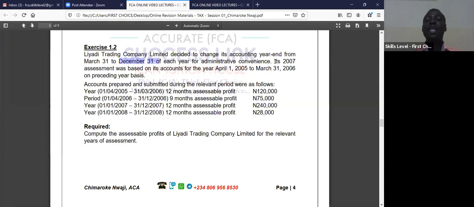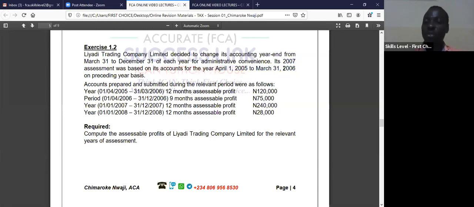They said its 2007 assessment was based on its accounts from April 1, 2005 to March 31, 2006 on the preceding year basis. So how do we know it's preceding year basis? This is the year of assessment 2007.